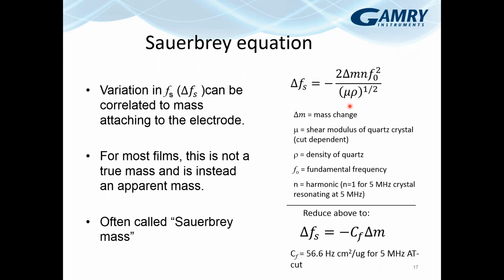In fact, it's more appropriate to call it an apparent mass. And oftentimes you'll see it in literature as a Sauerbrey mass. So the punchline is that the QCM measures a frequency shift, and then you can take that frequency shift and measure mass.